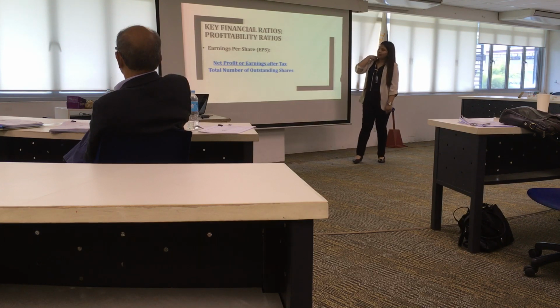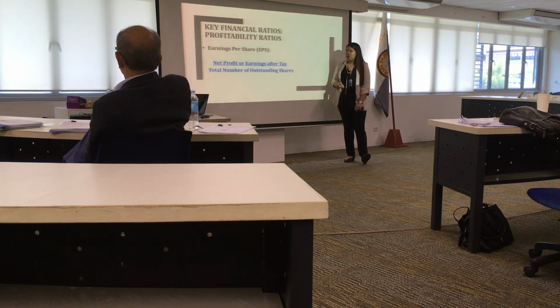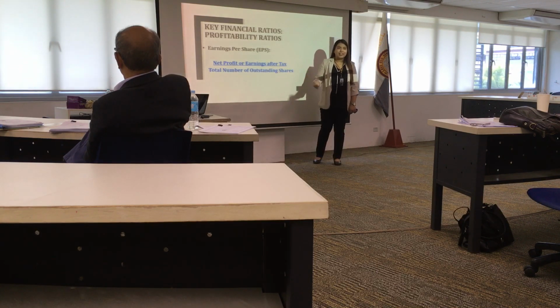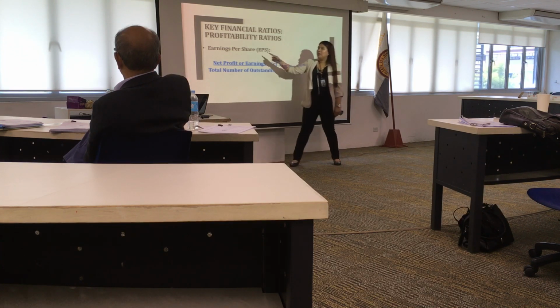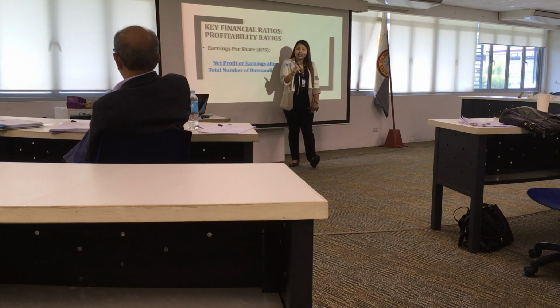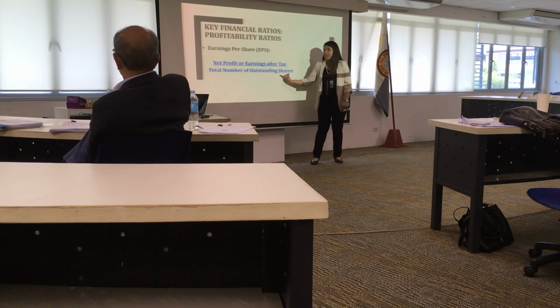The last kind of profitability ratio would be the earnings per share. From the term itself, it's earnings per share. When you say earnings in accounting, you are pertaining to the net income. So, net income per share. When you say share, it is the proof of ownership in a corporation. When you own one stock, it means you are an owner of the corporation. So, the proof of ownership is the outstanding shares.